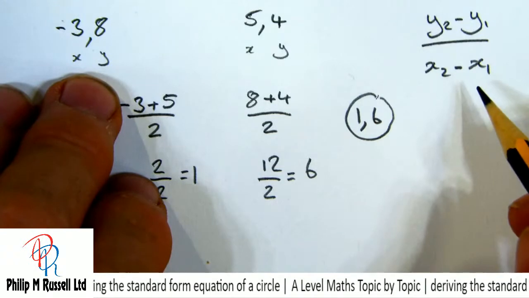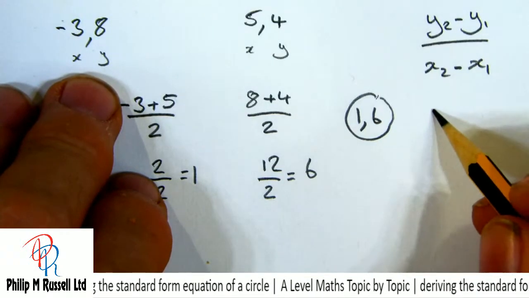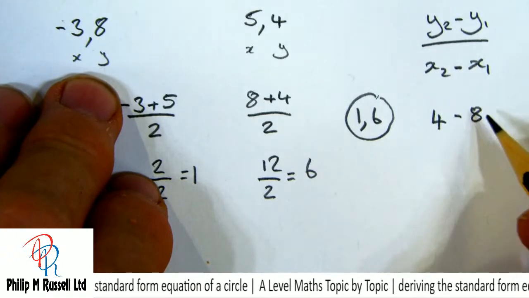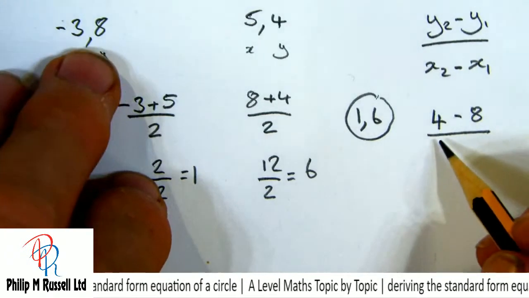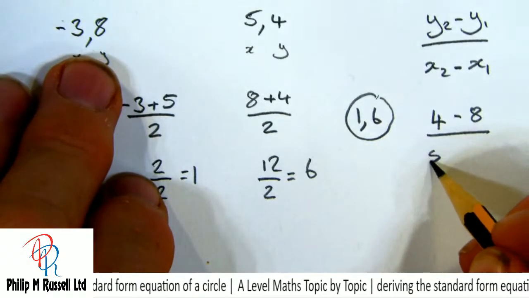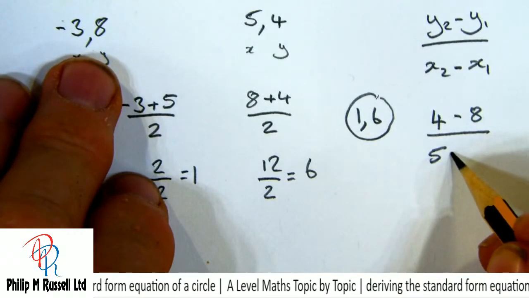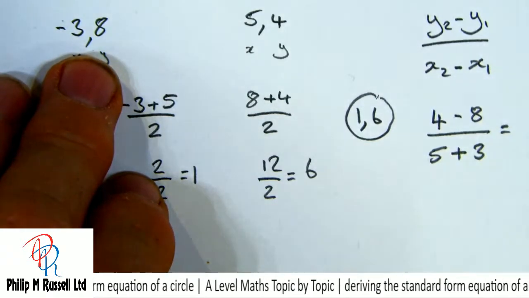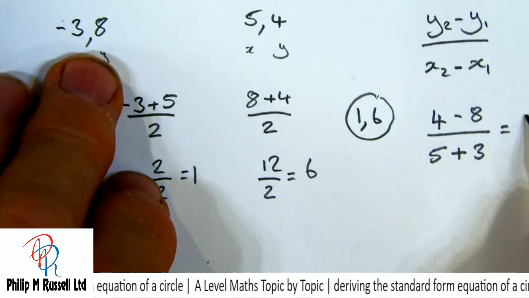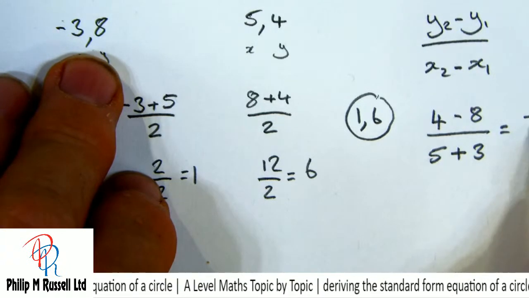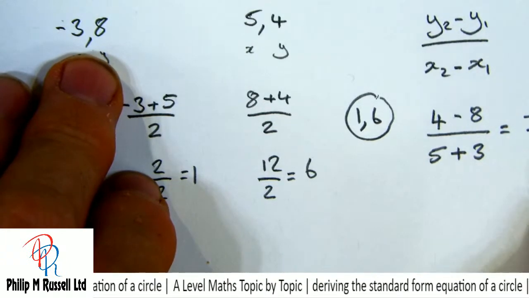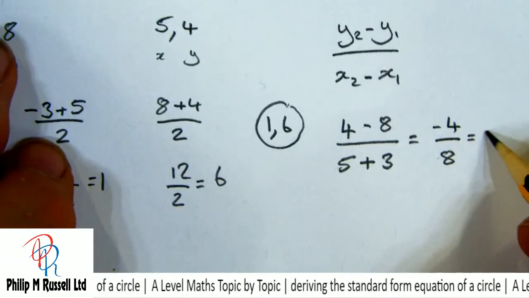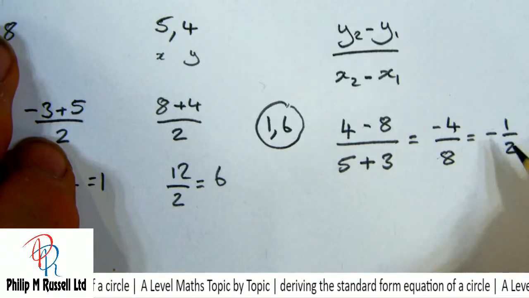So if we work that out as being 4 minus 8 over 5 minus -3, which is going to give me plus 3, I've got here 4 minus 8 is going to give me minus 4 over 8, which is going to give me a gradient of minus a half.